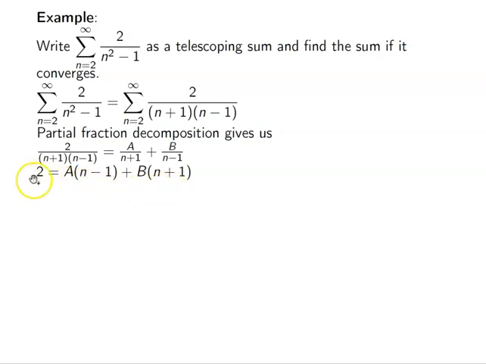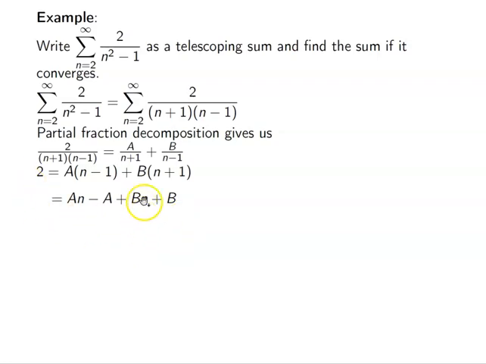Here I'm going to solve for everything. So I'm going to get 2 is An minus A plus Bn plus B. That's equal to 2. I am going to combine all my like terms. So An plus Bn is going to equal 0 because there are no n's on the left-hand side. B minus A is going to equal 2 because those are my constants.